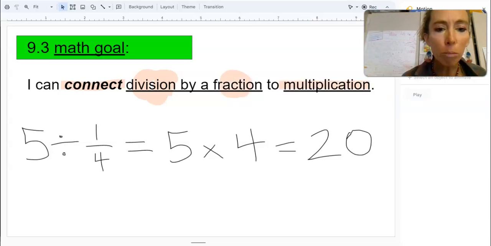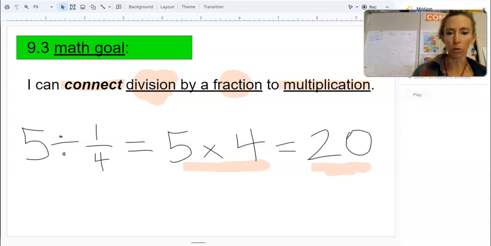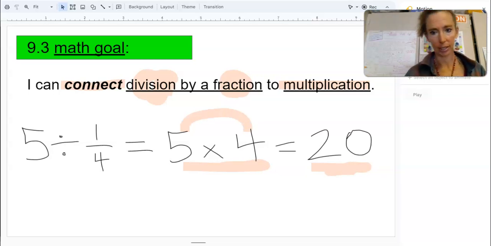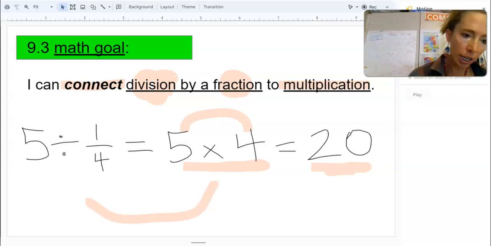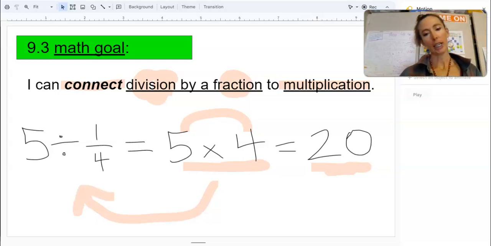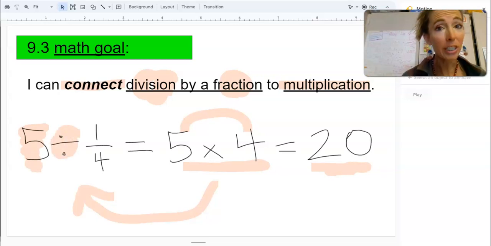Now notice this problem below. This is how I had solved the solve and share, right? I did 5 times 4 because each wrap had 4 servings. But if you go before that expression there, we started with 5 wraps, and each wrap was divided up into fourths, right?